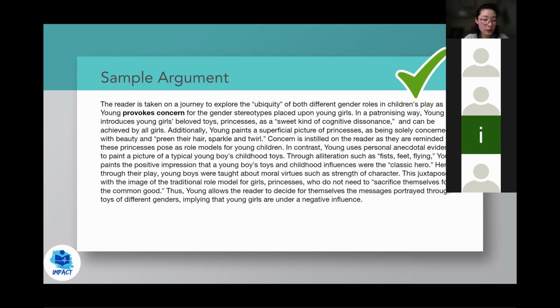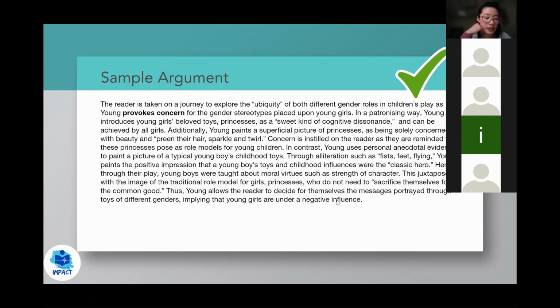Something that I would point out would be making this purpose more detailed and more specific. So I would delve into more of that conceptual stuff surrounding the purpose. I know we're talking about how it allows the reader to decide for themselves the messages portrayed through the toys of different genders, implying that young girls are under a negative influence.